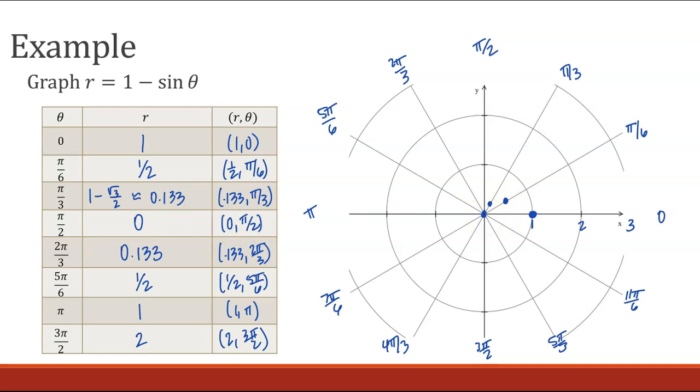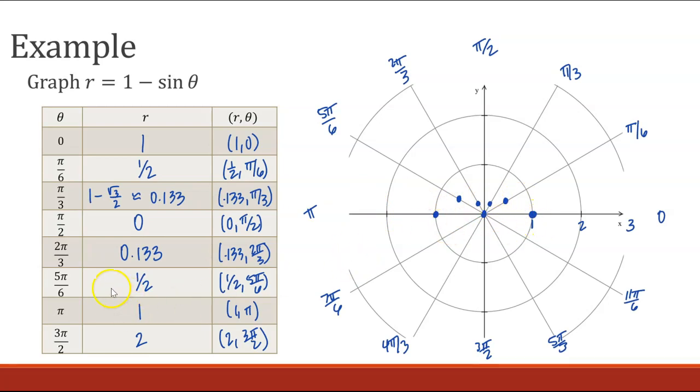So I'm going to have a point right there at the origin. And at 2 pi over 3, I'm going to have that 0.133 again. At 5 pi over 6, I'm going to have 1/2 as the directed distance. And at pi, I'm going to have 1. So I'm going to go 1 unit towards pi, right?